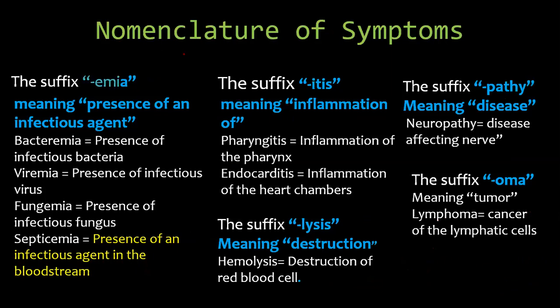Now, to identify a particular disease, we rely on the signs and symptoms. For identification, many syndromes are named using a special type of nomenclature that indicates the sign, sometimes the symptoms, and sometimes the location of the disease.